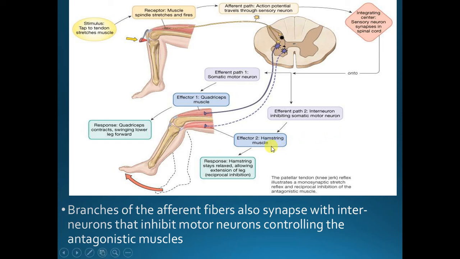The hamstring muscles are effector 2, and effector 1, the quadriceps muscles, can respond by swinging the lower leg forward. Effector 2 is reached from the efferent pathway to an interneuron inhibiting somatic motor neurons, which affects effector 2, the hamstring muscle. Response: the hamstring muscle stays relaxed, allowing extension of the leg, called reciprocal inhibition.